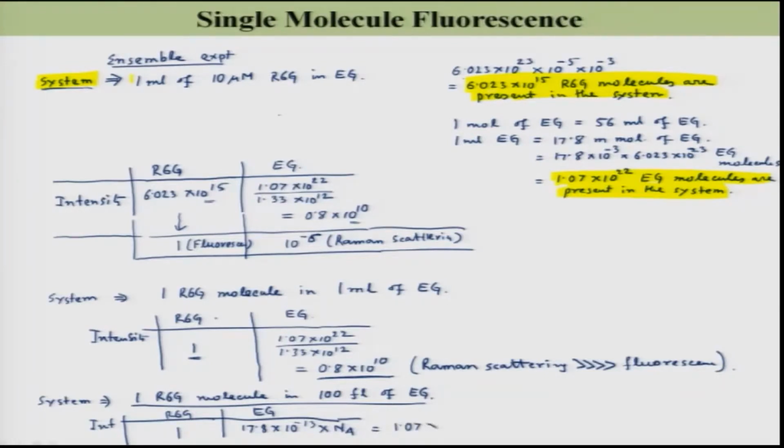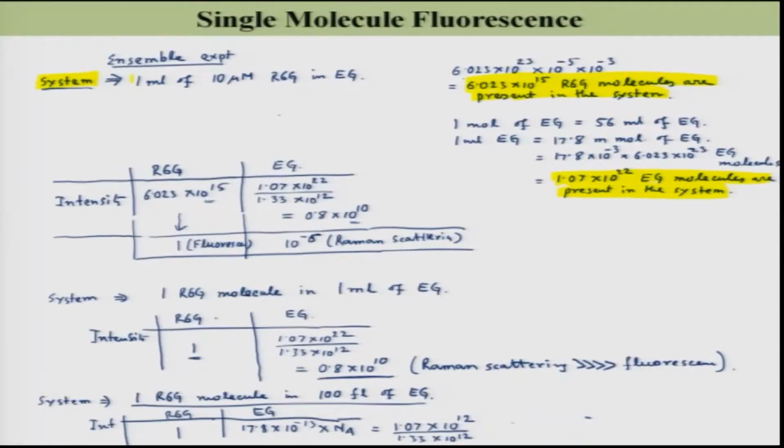So then this will be 1.07 × 10^12 molecules of EG. Then I will divide this by 1.33 × 10^12, right. So then this is going to be the intensity.